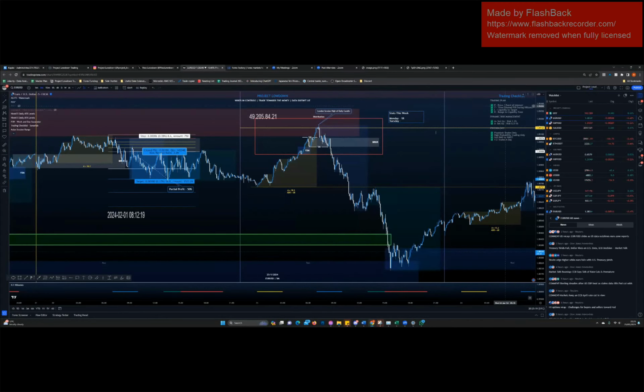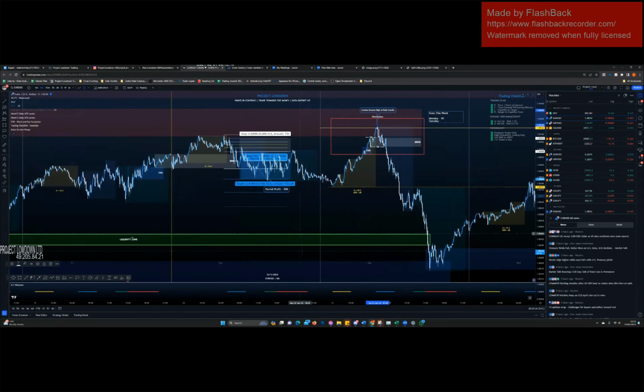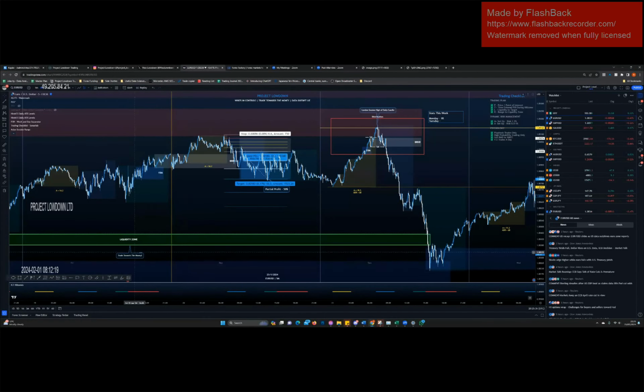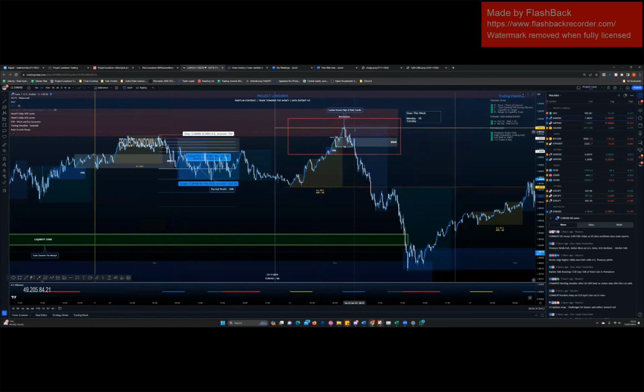Trading plan, P. There we go. T. There we go. L. Trade towards the money. There we go. R. Is there range from here to here?